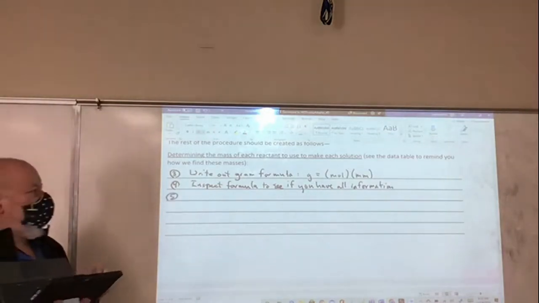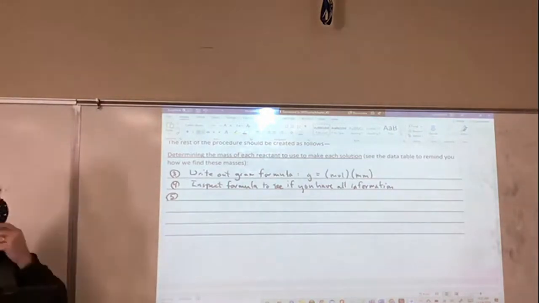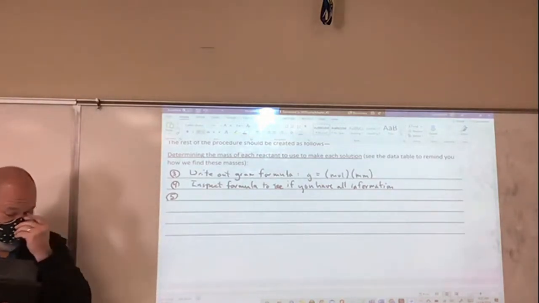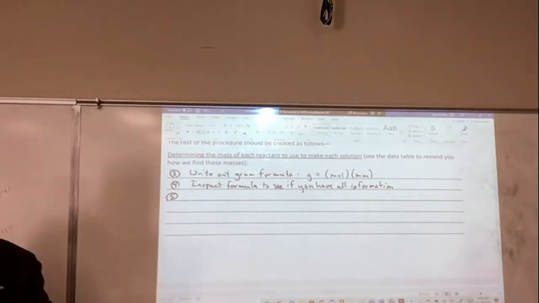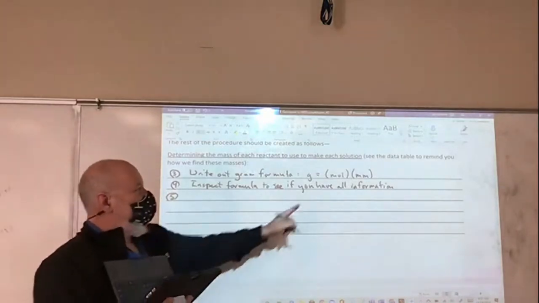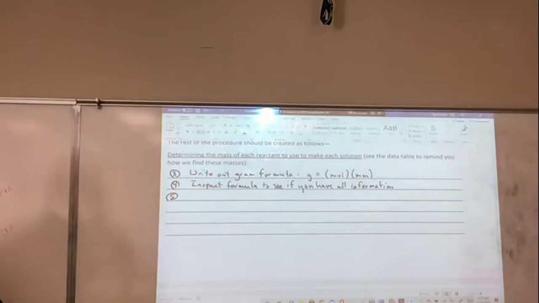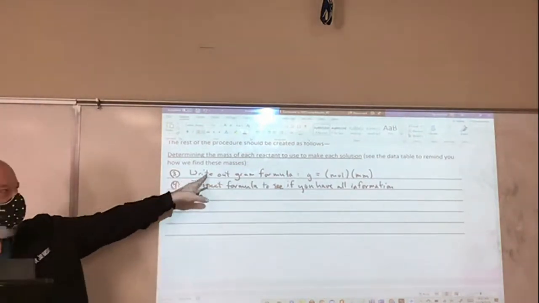Inspect the formula to see if you have all the information. What if I don't have moles? What do I do next? Do the formula for mole.